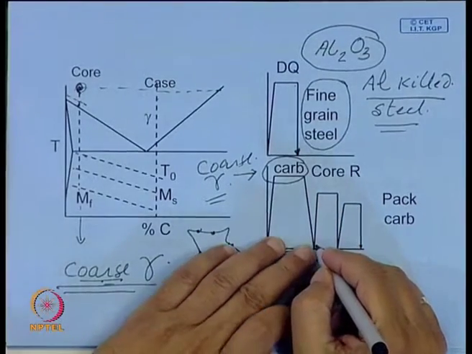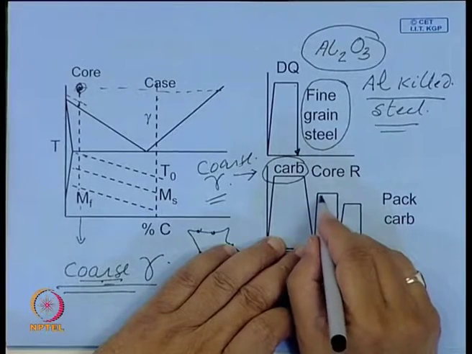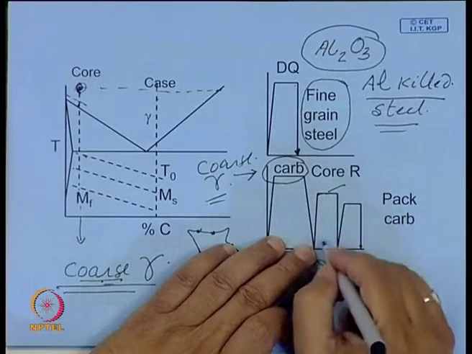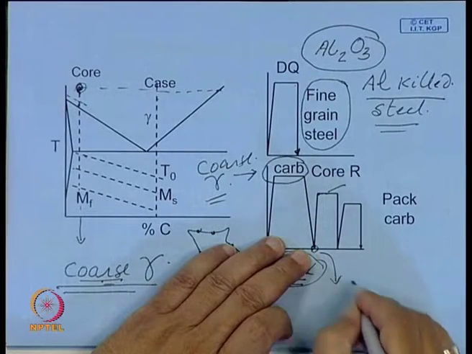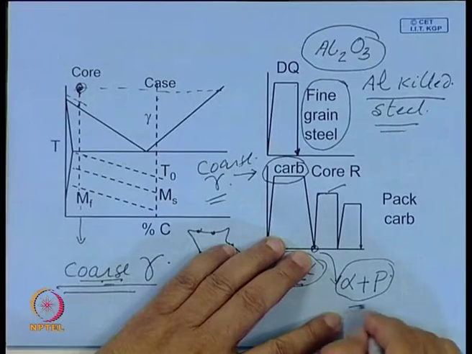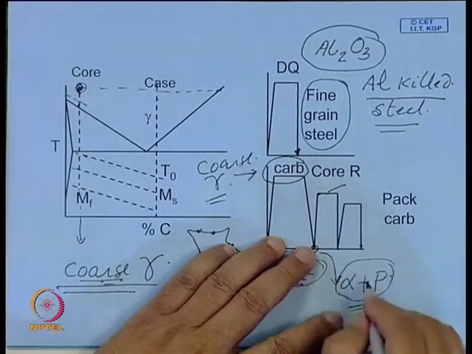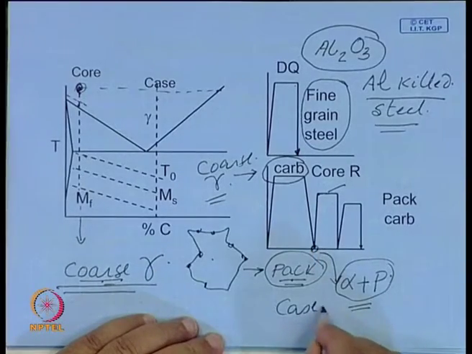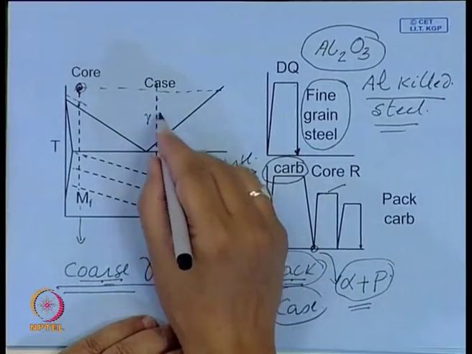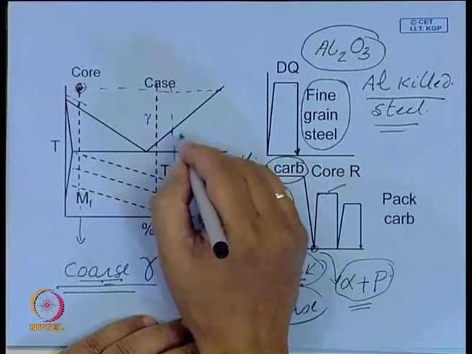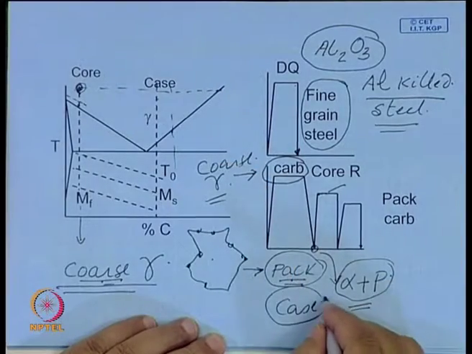So, at that time the core also has coarse austenite grain, but the core will be made up of ferrite plus pearlite, though the prior austenite grain size will be coarse, whereas the case has a high carbon content somewhere in this region, and if you are cooling slowly, there is a likelihood that a cementite network will form.